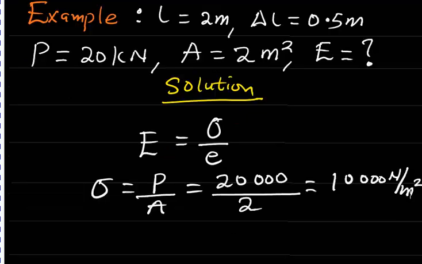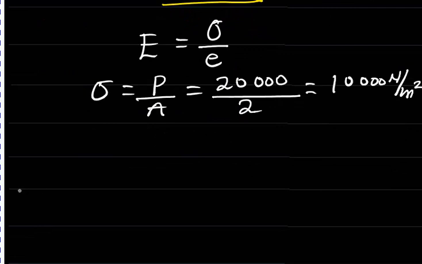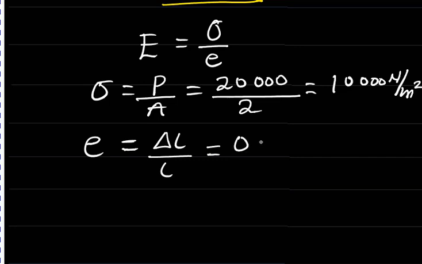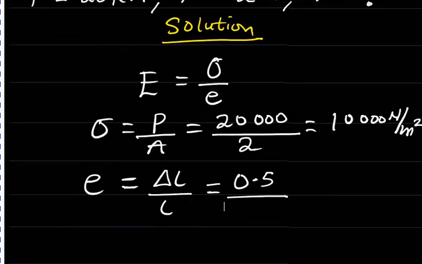Next, we are going to evaluate the tensile strength, which is the extension per unit length. The extension from the question is 0.5 meter, and the length of the material is 2 meters.